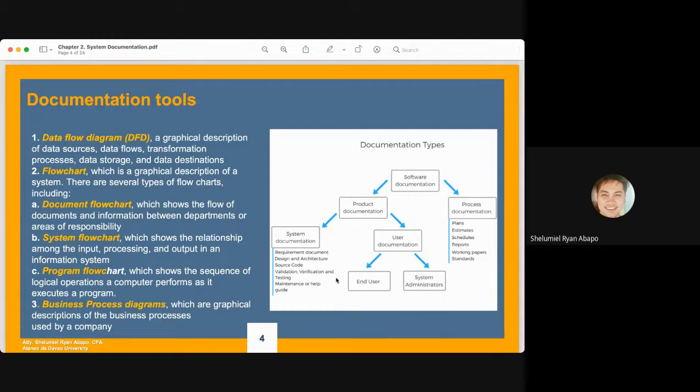So a program flowchart will show you the decision making. So for example, inside a system, a program was created so that when the user clicks yes, this is the next step, and if the user clicks no, this is the next step. Basically, class, the entirety of your computer is comprised of programs that will activate once a decision is made.